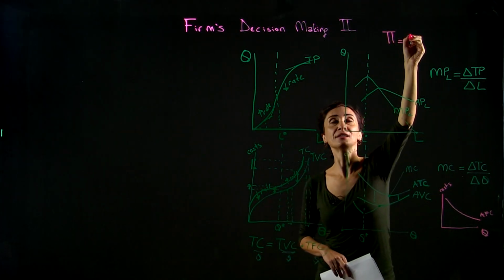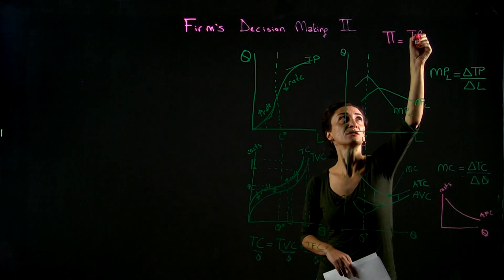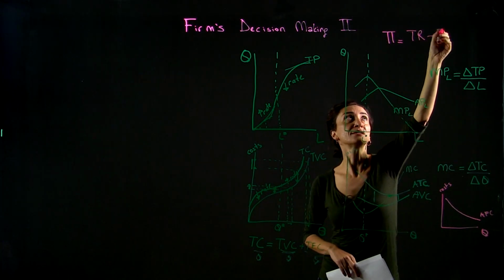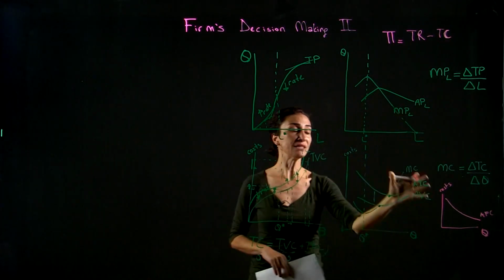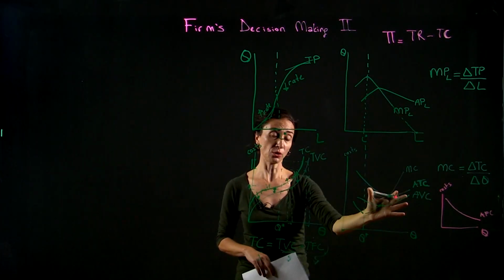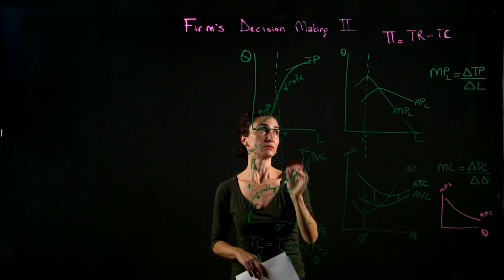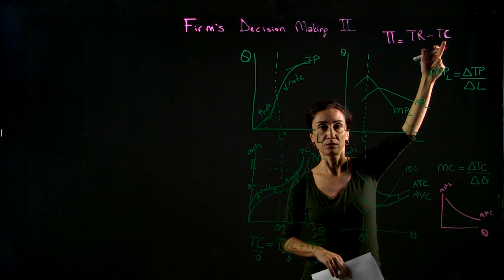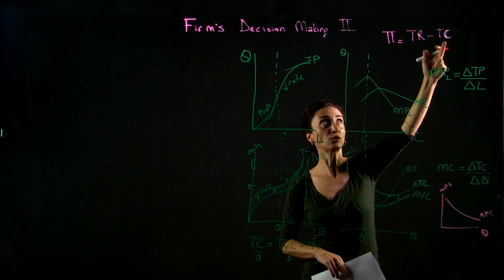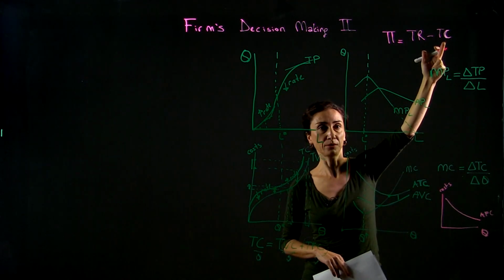Profit is defined as total revenue minus total cost. Now this curve gives you information about this. As you increase output, this will be going up.